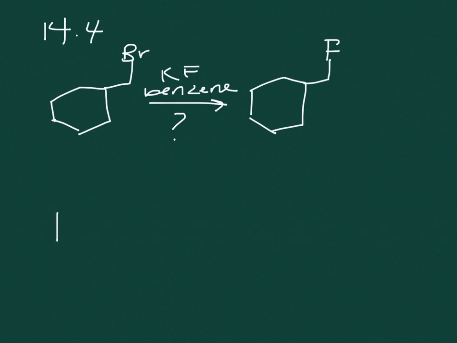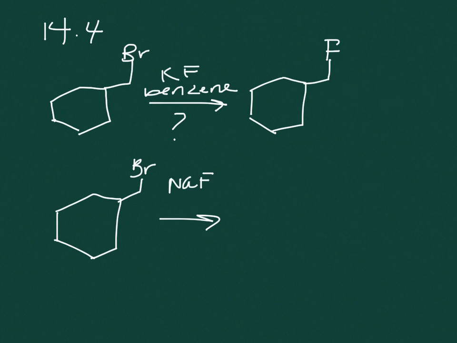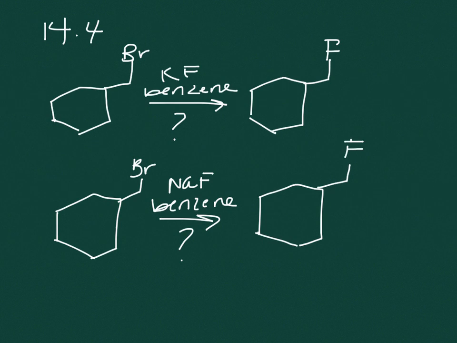Now, the reason I'm showing you this example is not because I need you to memorize the size of an internal cavity of a crown ether. But I'm using it to demonstrate that here you have a sodium and a potassium.